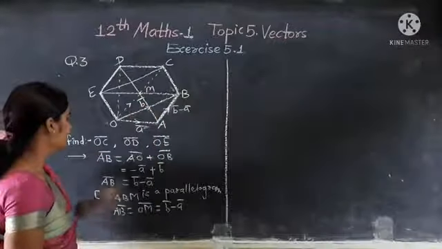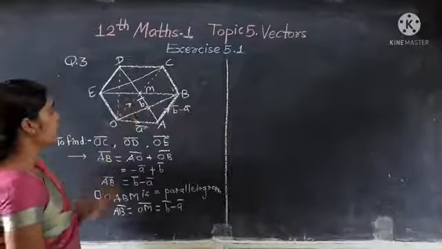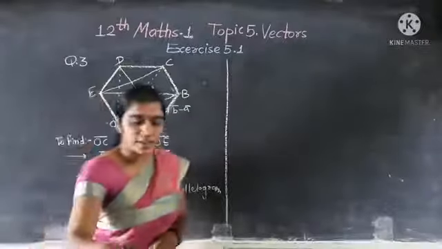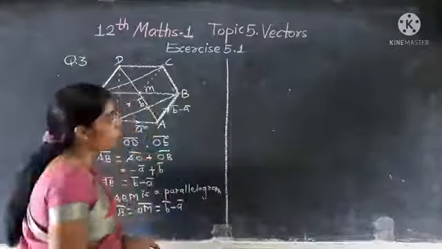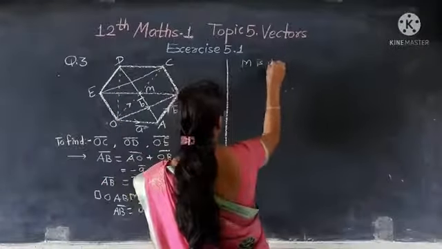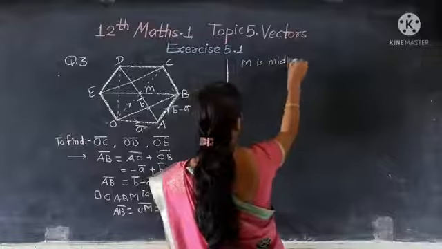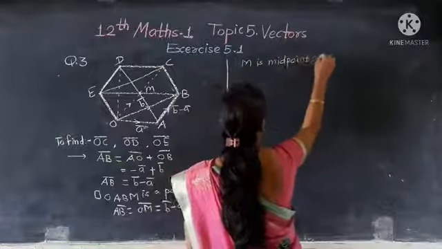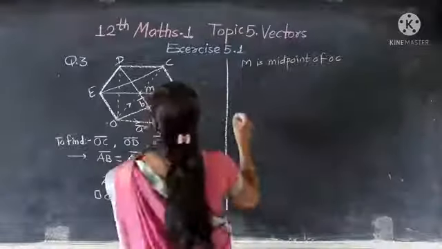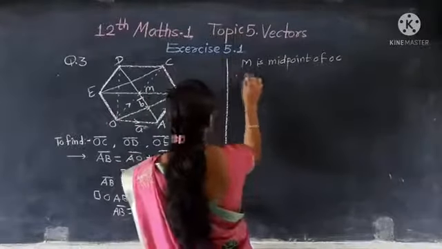Same OM bar. Now we want OC bar. M is the midpoint of OC. Okay, here M is the midpoint of OC. Therefore, we take OM bar.